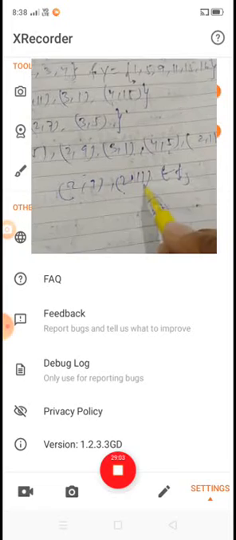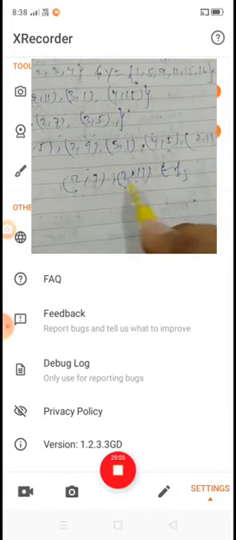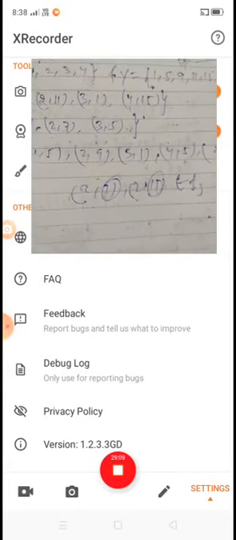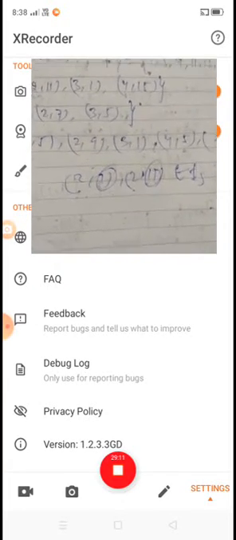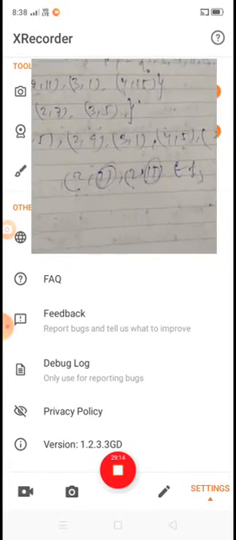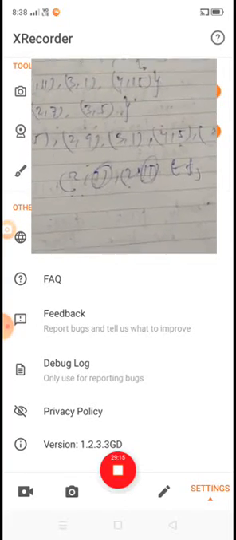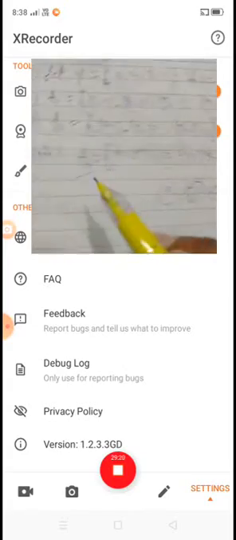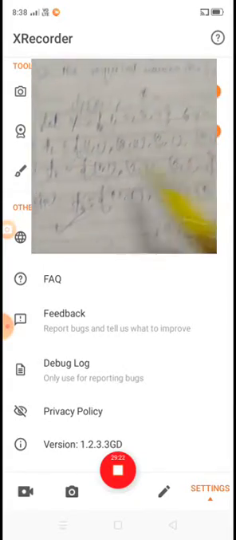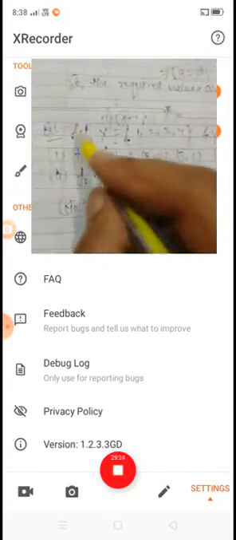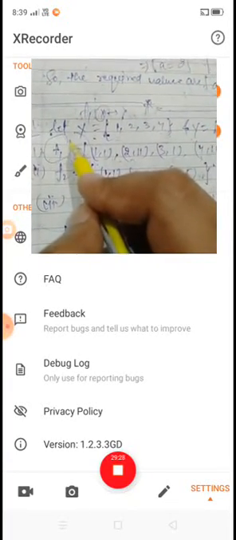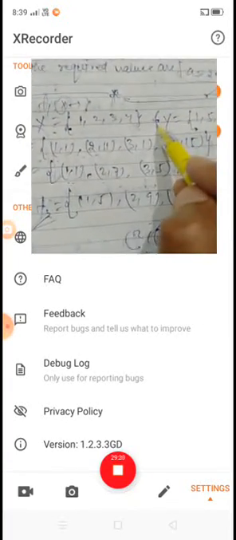By the definition of function, every element of x has a unique image, a unique element in y. So f3 is also not a function from x to y. So among the following, only f1 is a function from x to y.